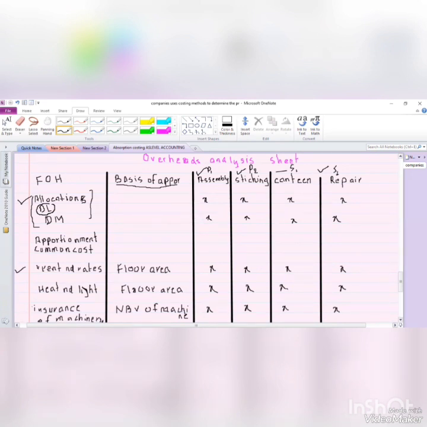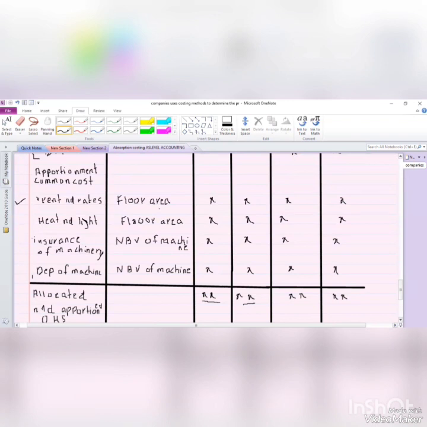So there is no confusion here, because we know that the type of material used by the repair and maintenance department will not be used by any other department. So it is very easy for us to know the exact cost for different departments when it is about allocation, direct labor and direct material. But in apportionment, we have some common costs, which are rent, rates, heat and light, insurance of machinery, depreciation of a machine, and many other overhead costs.